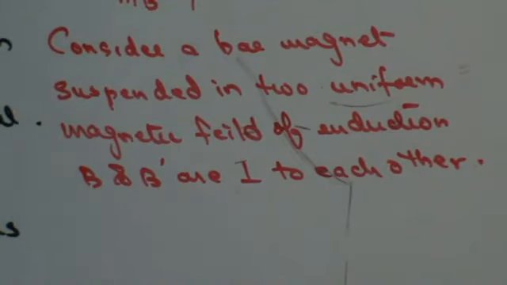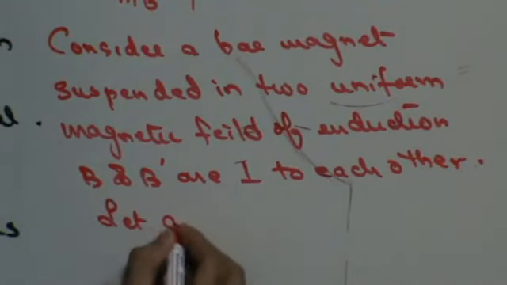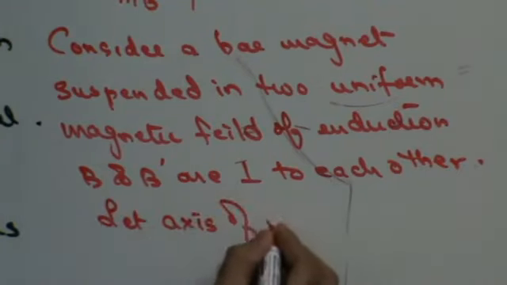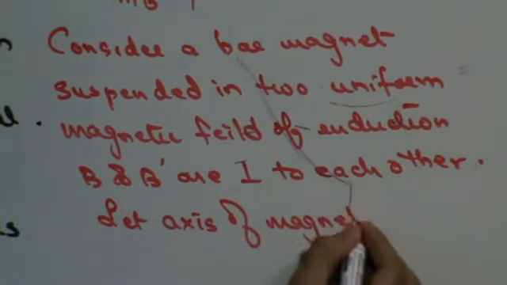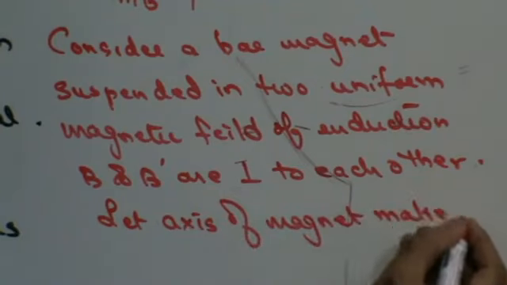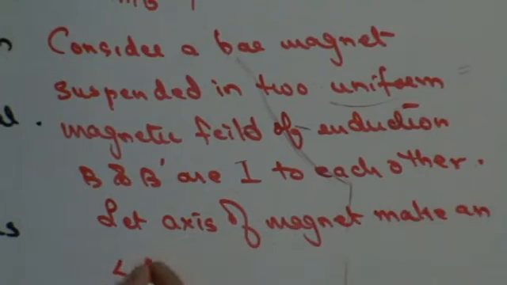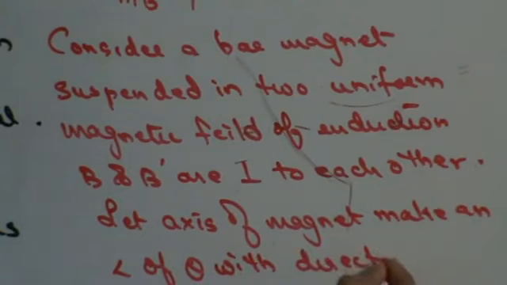Now, let's also consider that the axis of the magnet makes an angle of theta with the direction of the B vector.